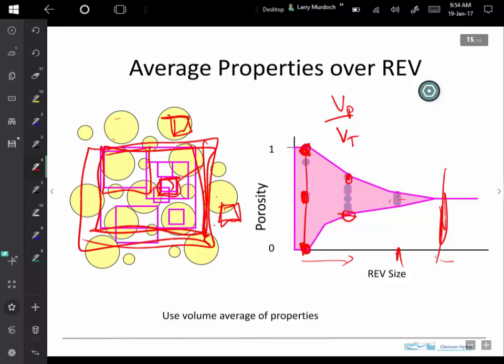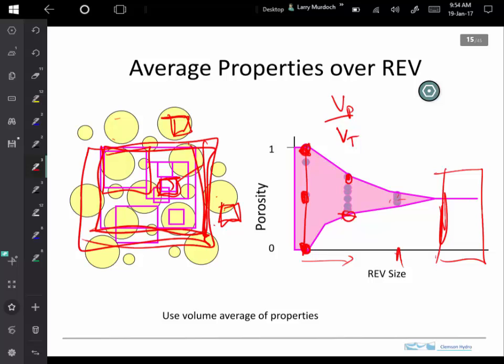So we would be working in here. This REV size where this works, for example, maybe it's 10 or 100 times larger than the pore size, then we can average out all of the variations. One of the things that we have to keep in mind is that that's only going to work if we're in a sedimentary rock, for example, or really no matter where we are.